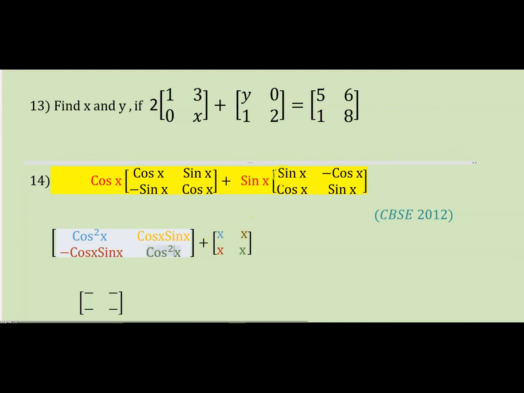Similarly for the next matrix, this is sin into sin x, and the entry is sin square x, and sin into minus cos x, this will be minus sin x cos x, and here this will be sin x cos x, and here this is sin square x, right?